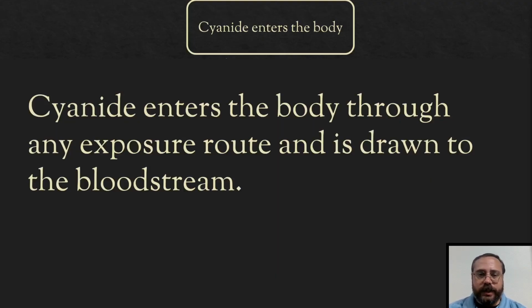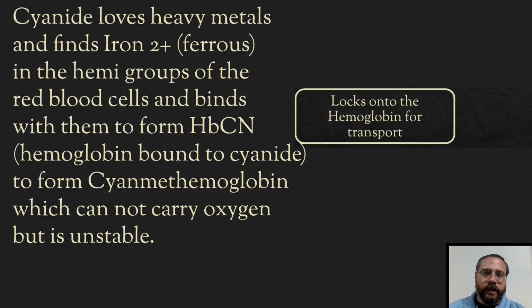So let's go back to the beginning and take a look at this chart. Cyanide enters the body through any exposure route and is drawn to the bloodstream. When we get to the bloodstream, cyanide really likes metals, and so it finds the iron 2, the ferrous, in the heme groups of the red blood cells and binds with them to form cyanomethemoglobin, which can't carry oxygen, but the bond that it has is relatively unstable.